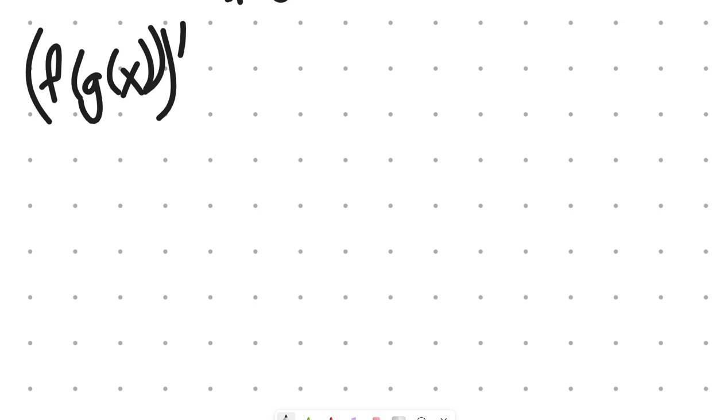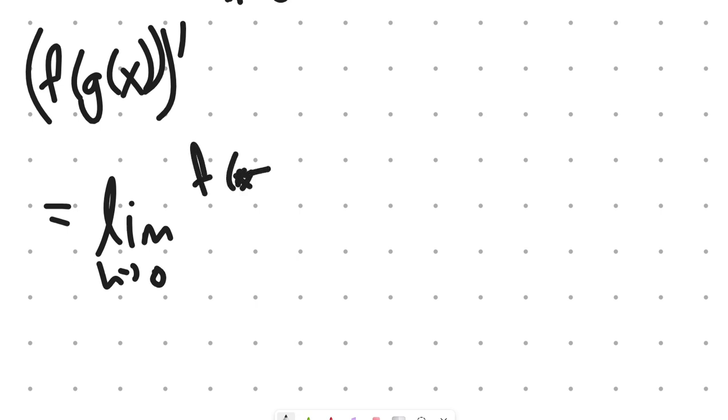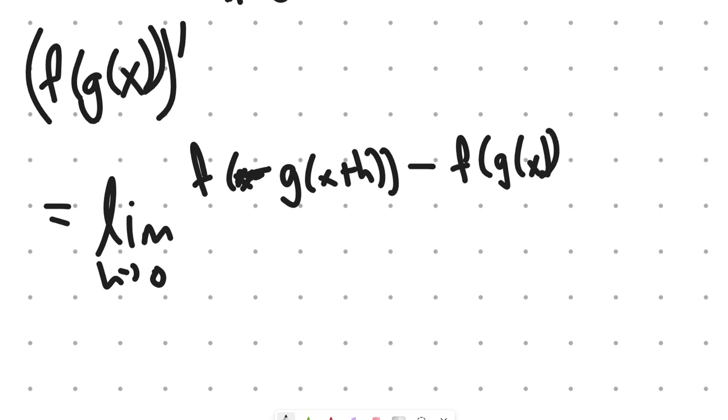So the derivative of f of g of x is the same thing as the limit as h approaches 0 of f of g of x plus h minus f of g of x, all over h.